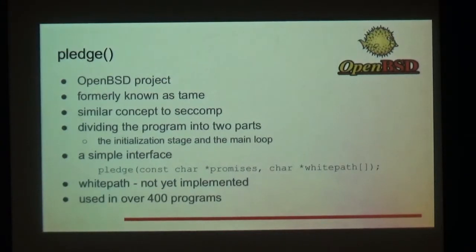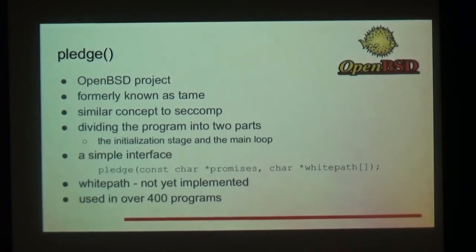And in theory, the white path, which is the list of paths that the program can open from the file system. As far as I know, and I was checking the code last night, this white path is still not implemented.